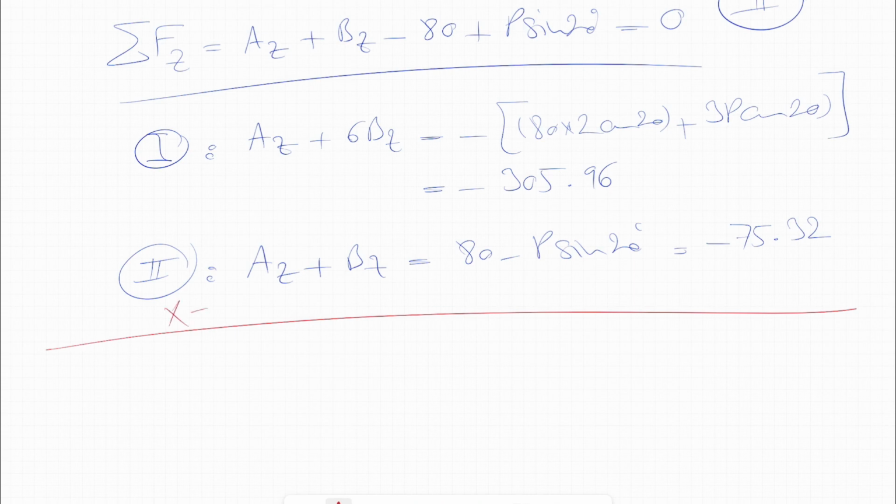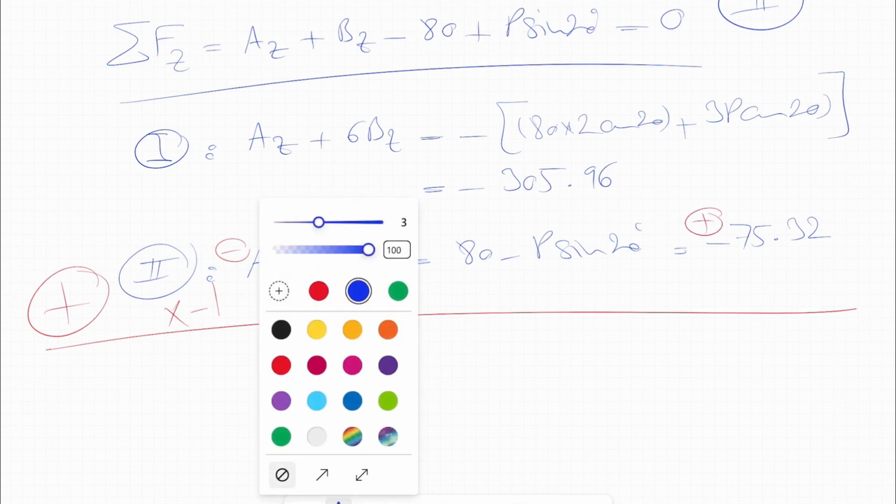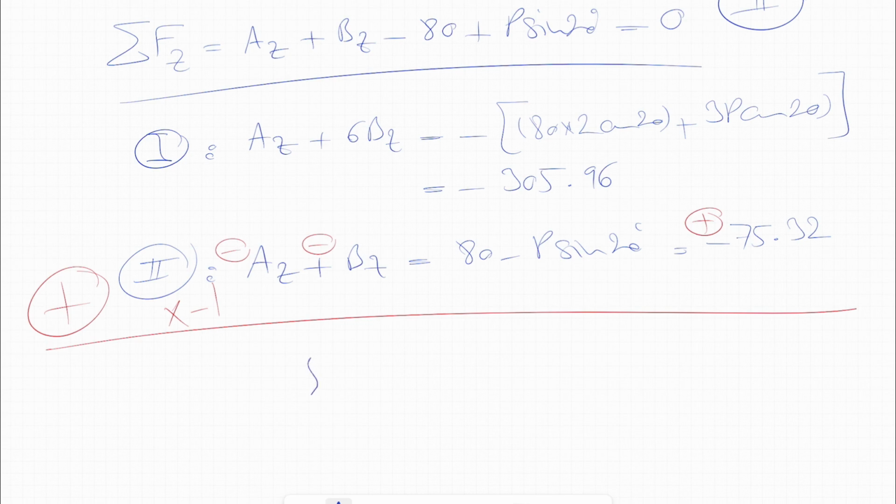Now that we have this, it's easy to solve these two. All we need to do is multiply the second one by minus 1 and add these two together. So this will be negative, this will be negative, and this here will be positive.